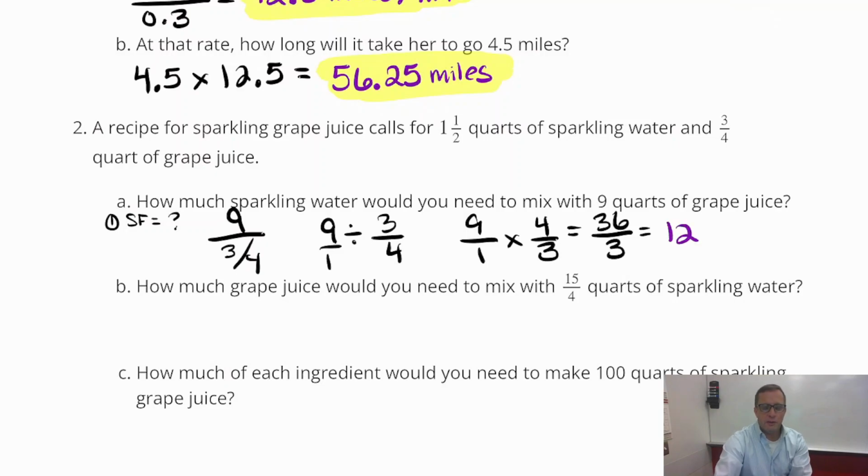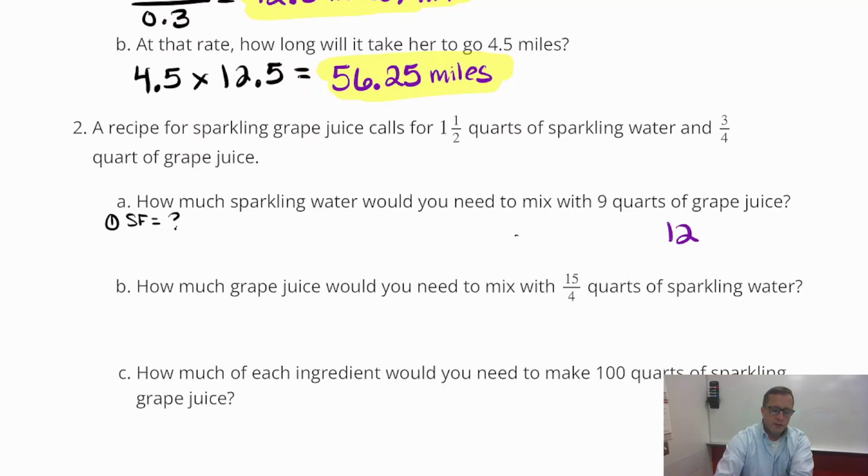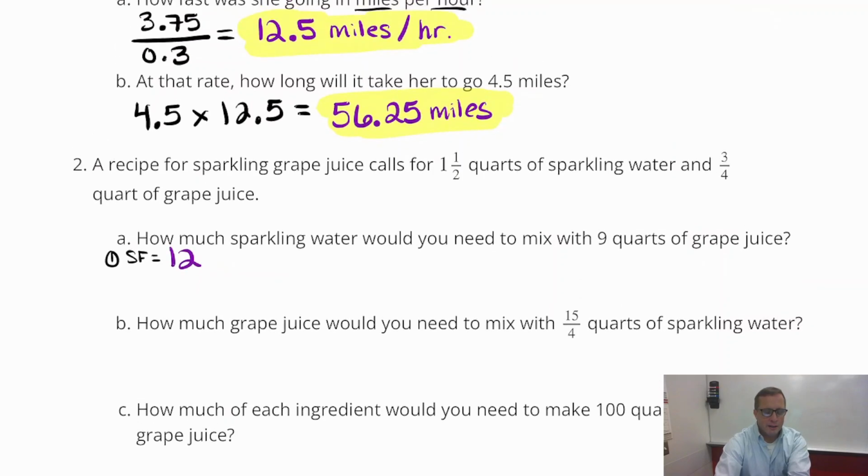All right, now it seems like we did a lot of work, and it seems like we're done, but we're not. That just gave us our scale factor. So our scale factor is 12. Okay? So that is our scale factor. All right? And the scale factor is important because now that's going to tell us what to multiply the amount of sparkling water by.